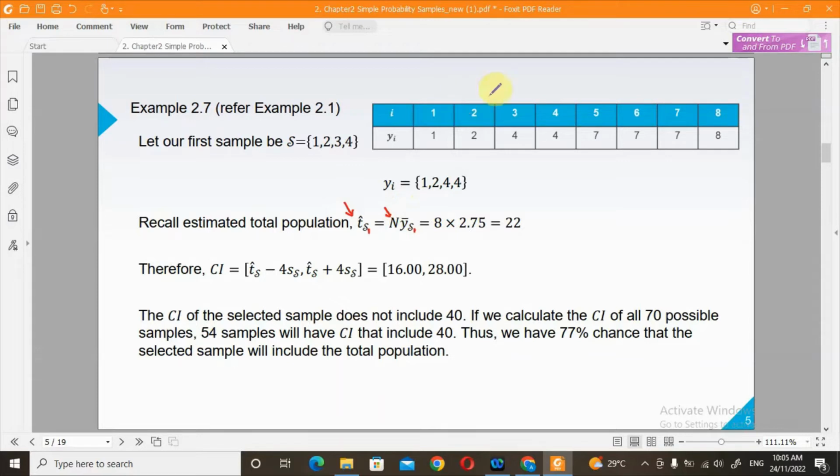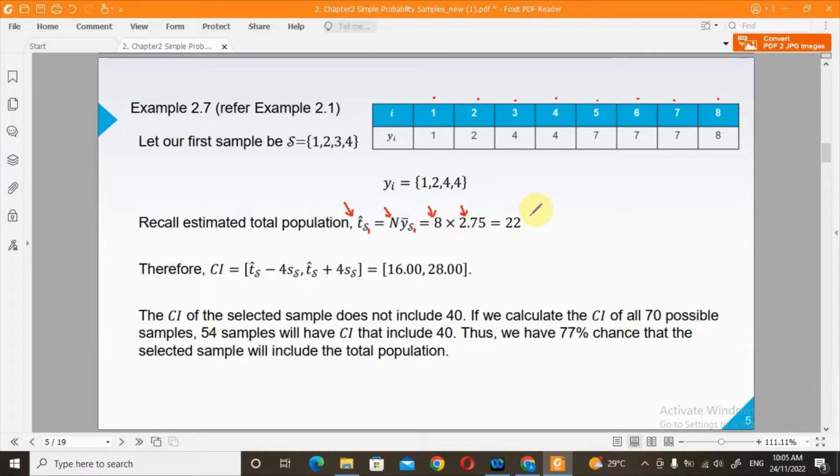So from here we know that we have 1, 2, 3, 4, 5, 6, 7, 8. So our population size is equal to 8 here, and in the previous slide we have calculated the mean score of sample number 1, that is 2.75.